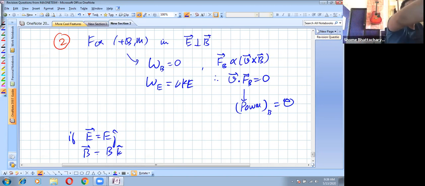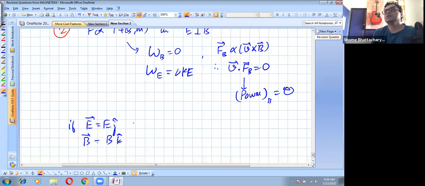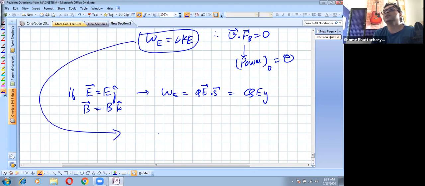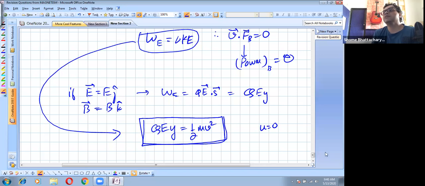So the work done by the electrostatic force is just the dot product of force with displacement, QE dot S, which in this case becomes QE into Y, because the electrostatic force is along the y-axis. So our work energy equation becomes QEY equal to half mv square, because it started from rest, since u was 0. This is the trick that we'll use for y maximum also.